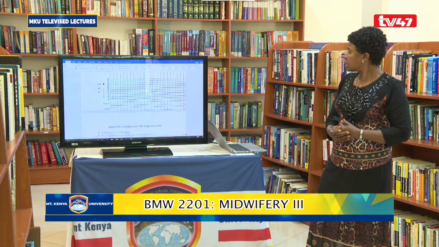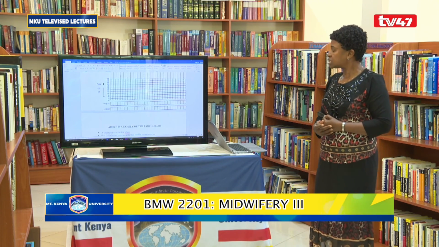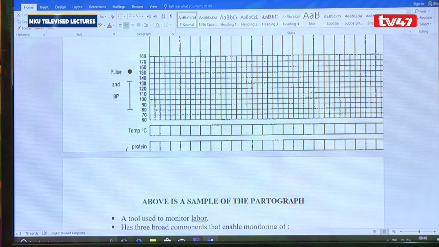So we talked about the components of the pathograph, and we say that they are 3, and the pathograph is usually used by midwives, a legal document used to measure the progress of labor, the progress of the fetus, and the maternal condition.